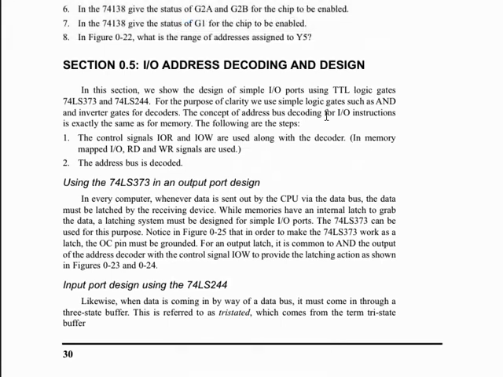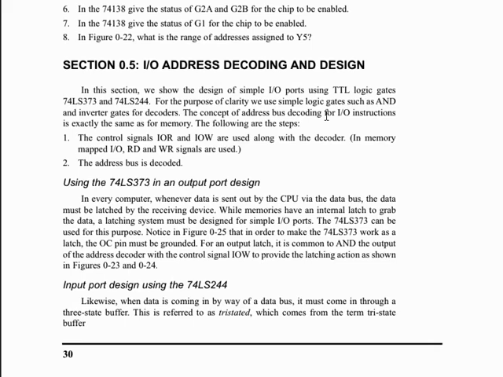Input output address decoding. The steps for input output address decoding: we use control signals, input output write (IOW) low or IOR, and for memory mapped input output we decode the address bus using the 74LS373 in an output port design.